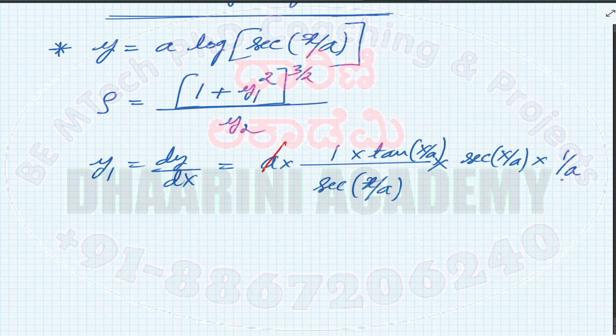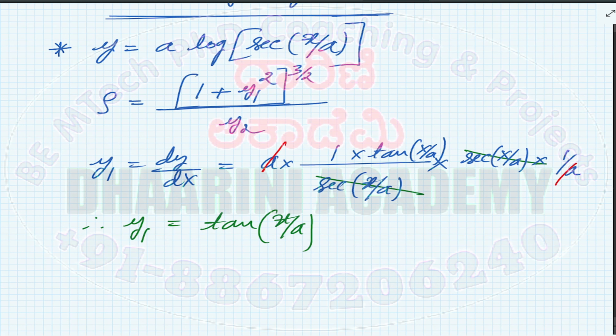All right, I can see that gets cancelled. Also, I cancel secant x by a, secant x by a. So what you are left with is y1 equal to tan of x by a. So therefore, y1 is equal to tan x by a.